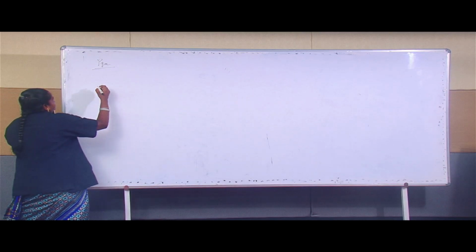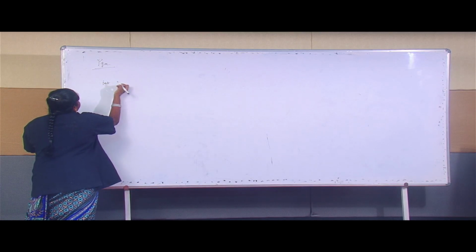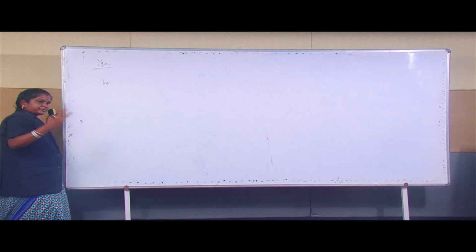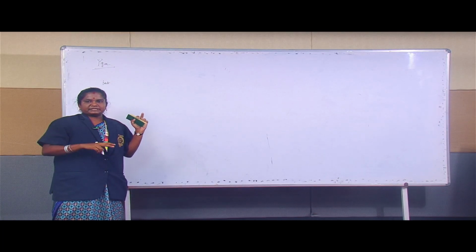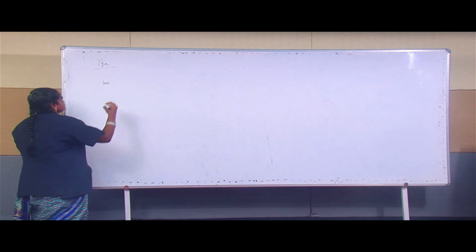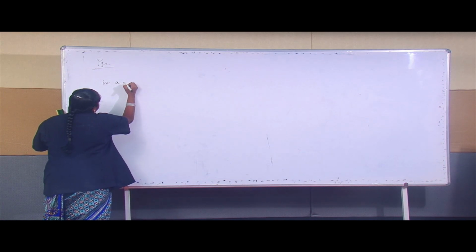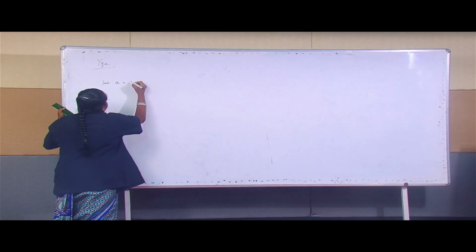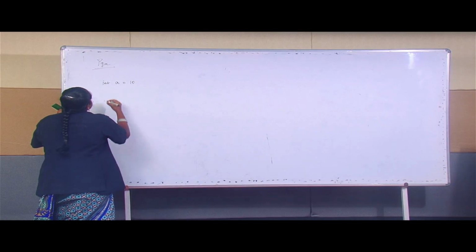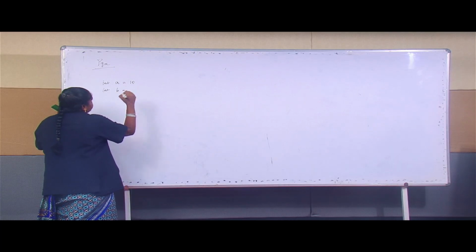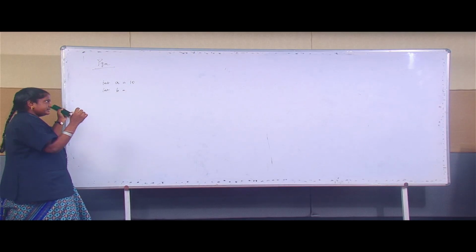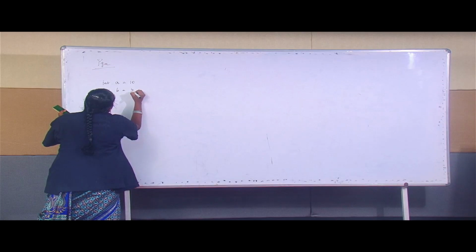So, I need to consider two inputs. To perform an operation, I need two variables. My first variable is A and the data type of A is integer. So, my A value is 10 and my another input is B and the data type of B is integer. So, my B value is 5.